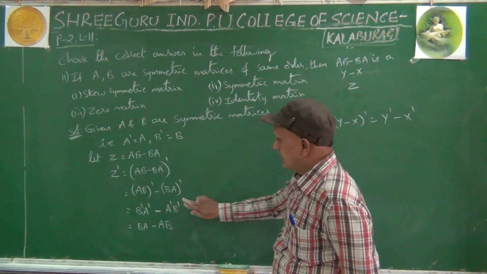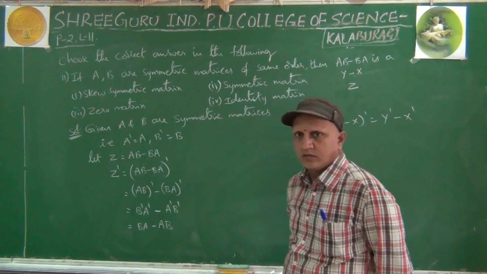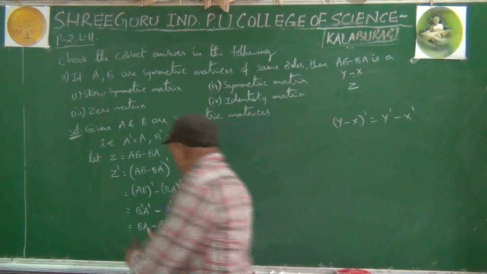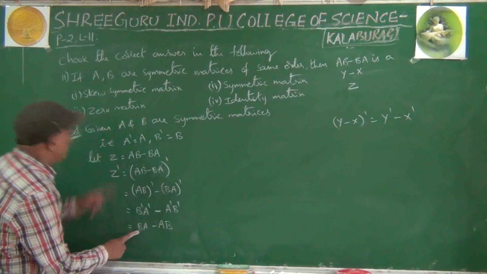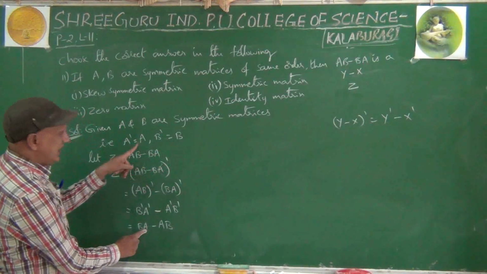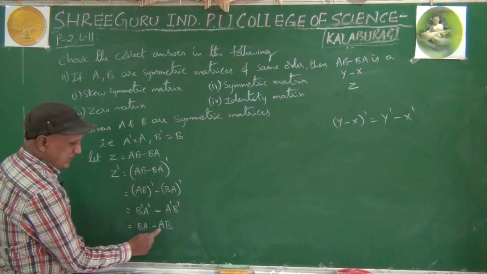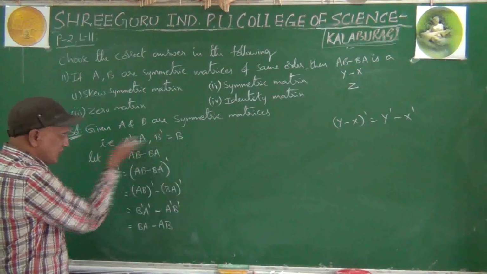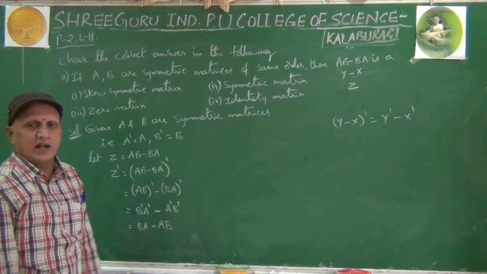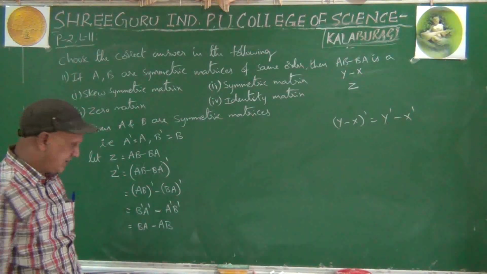Here B dash means B, A dash means A. We did not rub these dashes. We have used this one. How? Because in the question only they gave that A and B are symmetric matrices, right?